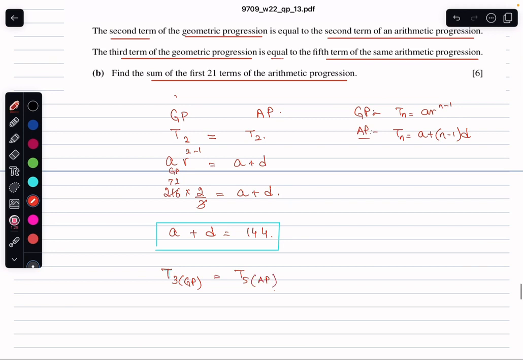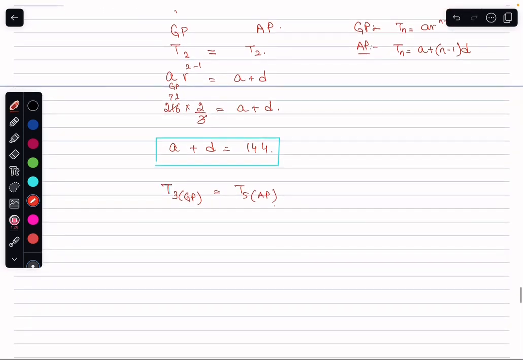For the geometric progression, by the term formula, it is ar to the power 3 minus 1, which shall be equal to a plus 5 minus 1, giving me 4 times d.